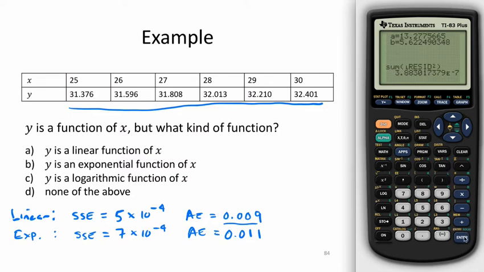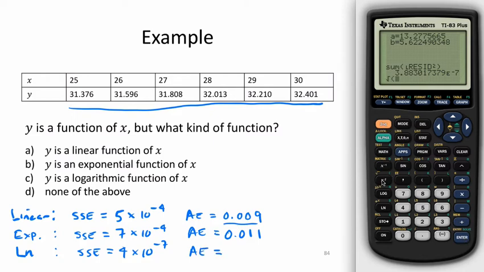The SSE for the logarithmic regression is roughly 4 times 10 to the minus 7. That's significantly smaller. That's 0.0000004.